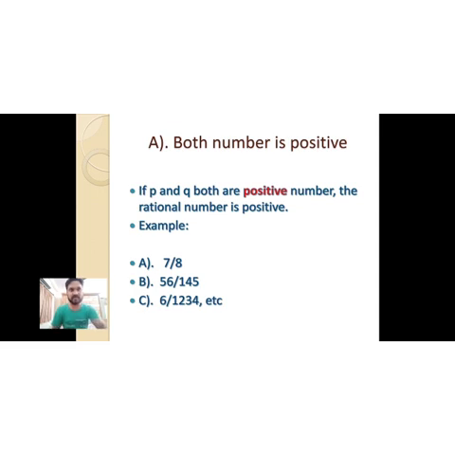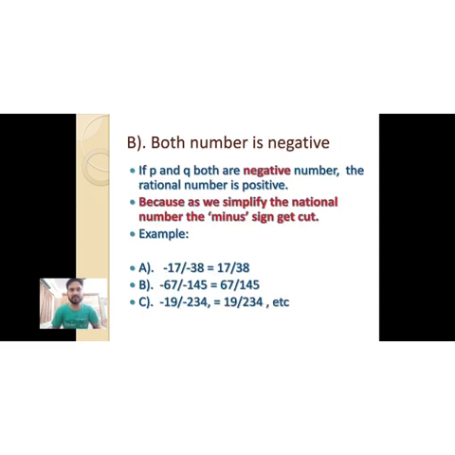Now the second, if both numbers are negative, if P and Q are negative numbers, then the rational number is positive. How? Because as we simplify the rational number, the minus sign gets cut. The minus of P and the minus of Q are cut and the final answer is a positive number. So minus 17 upon minus 38 equals 17 upon 38.